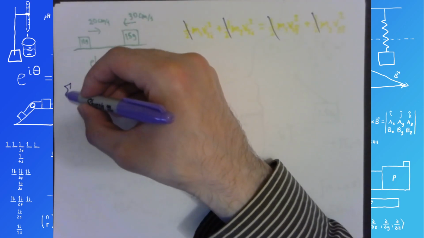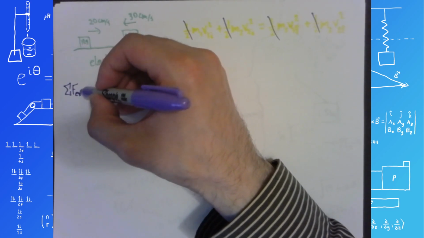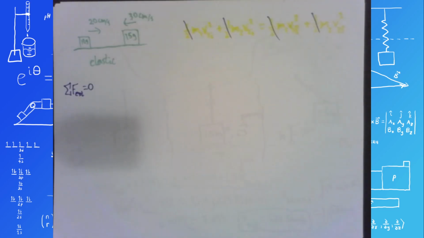So yes, net force external here is 0. We're assuming, of course, they're moving on a frictionless surface. Well, it doesn't mention the frictionless surface, but we can assume that to be the case. Or at the very least, we can assume that during the moment of collision, even if there was friction, friction doesn't have enough time to do anything to add or remove. Well, I guess friction could only remove momentum from the system.